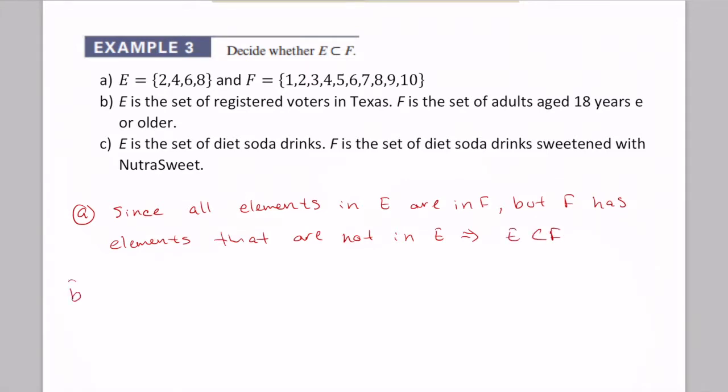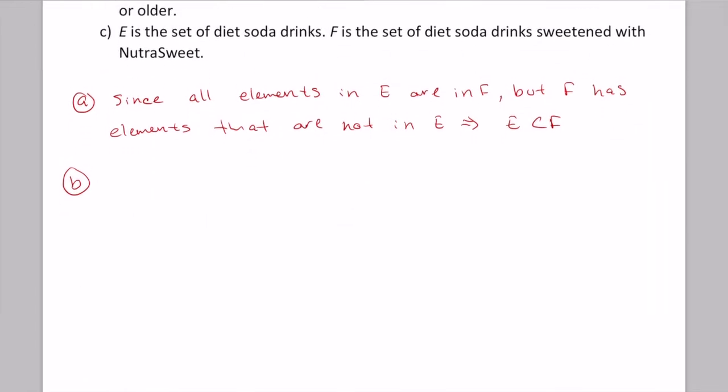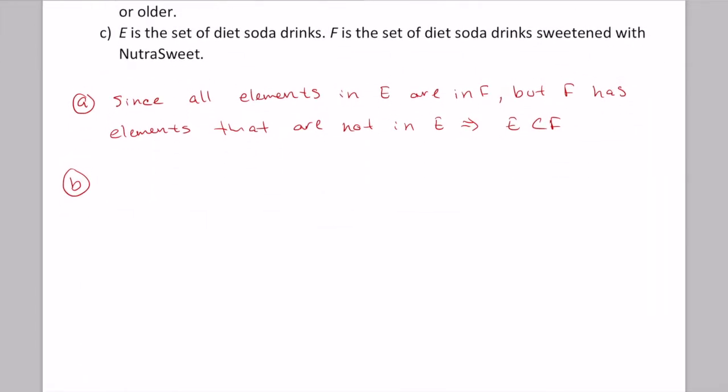So B, E is the set of registered voters in Texas. F is the set of adults aged 18 years or older. Okay? So again, this is also a proper subset. Why is that?